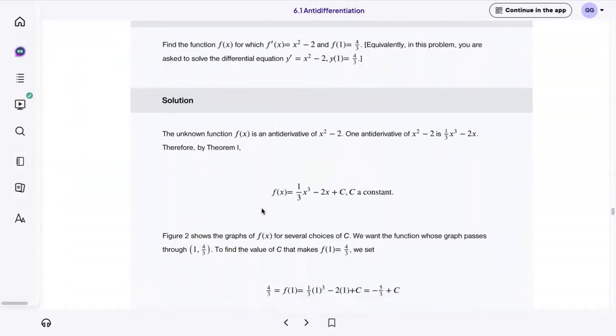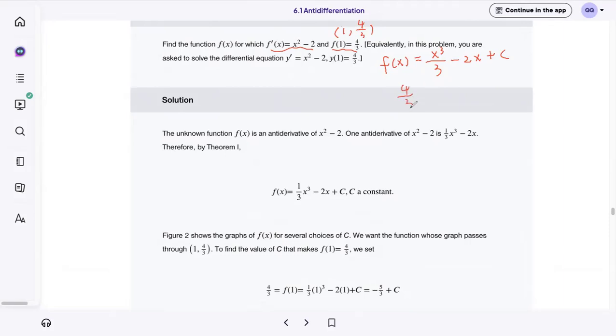If sometimes we're given an initial condition, we can find c. This is saying find the function f of x when the derivative is this, and it gives us a point. So let's anti-differentiate. f of x equals x cubed divided by 3, we add 1 to 2, then subtract 2x, then plus c. Now, this is saying when x is 1, y is 4 over 3.